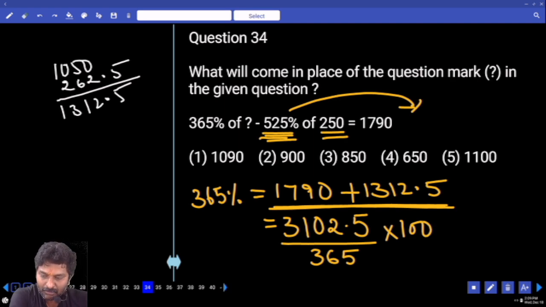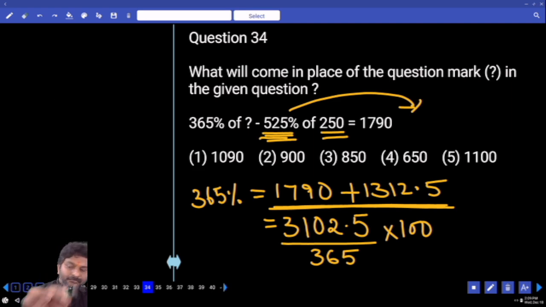So now if I go for cancellation. Okay. What is 10 times the denominator? 3650. Our numerator is less than that. So the answer definitely can be less than 1000 only.